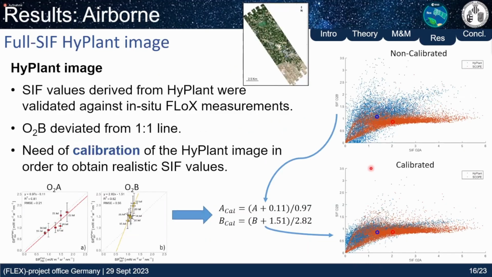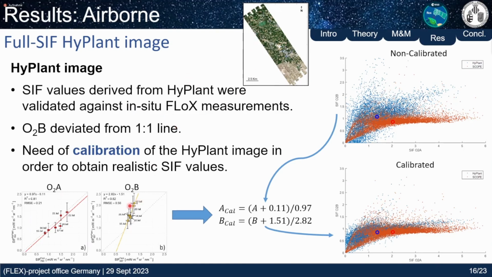And also, once we obtained these parameters to reconstruct, the two linear transformations and the matrix for projection of the principal component analysis, we applied them to an airborne sensor. In our case, a HyPlant image. It's important to note that the SIF values derived by HyPlant, in our case, were validated with in situ flux measurements in one of the fields here.